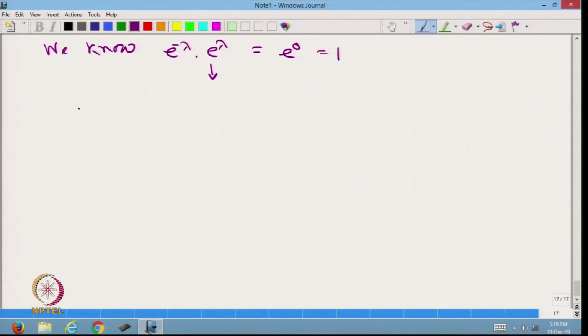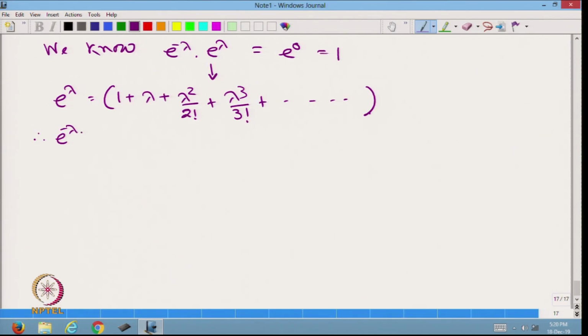Now, we know that we can expand e to the power lambda as follows: e to the power lambda is equal to 1 plus lambda plus lambda square upon factorial 2 plus lambda cube upon factorial 3, up to infinity. Therefore, e to the power minus lambda into e to the power lambda is equal to 1, which is equal to e to the power minus lambda into 1 plus lambda plus lambda square upon factorial 2, like that.